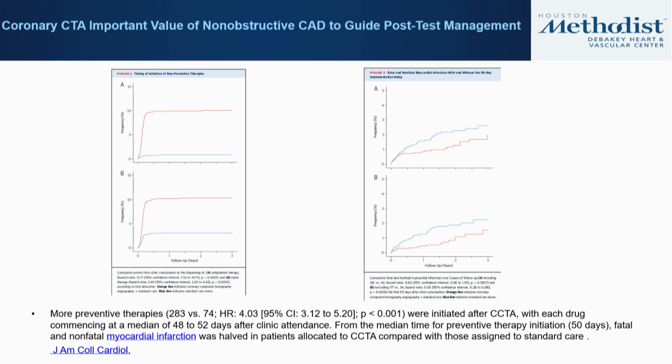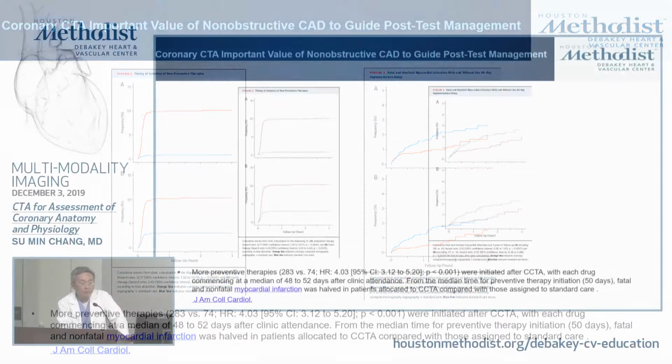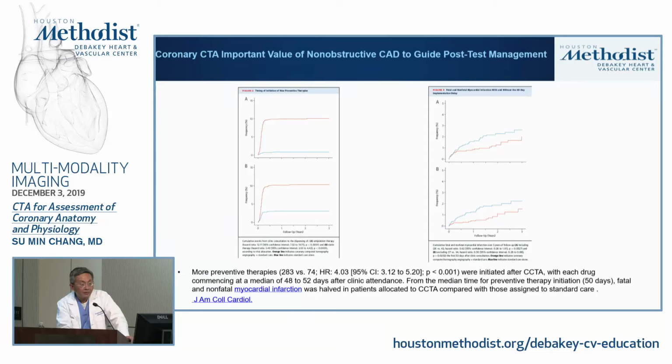So they went back to look at the average time from the time of the testing to the change of therapy, which is about 50 days. So they went back and looked at the event rate on the right-hand side of this image right here. You can see this is without counting those 50 days.